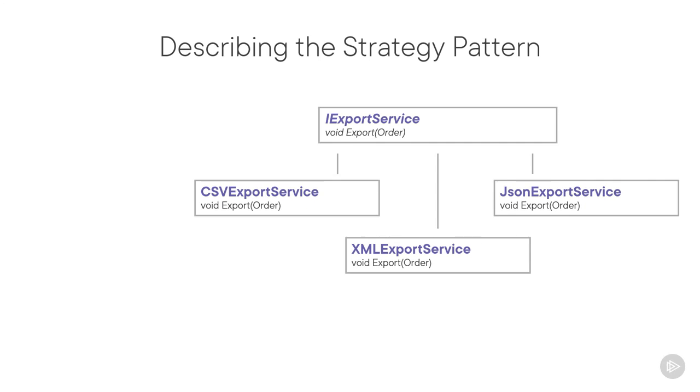In the export method implementation, the concrete export is handled. The order class then has a property of IExportService, which is set to one of the concrete implementations. Whenever export is called on order, the currently set IExportService implementation is used to handle the export.